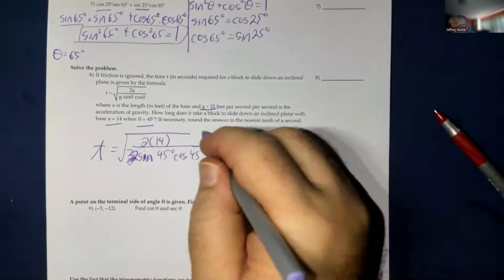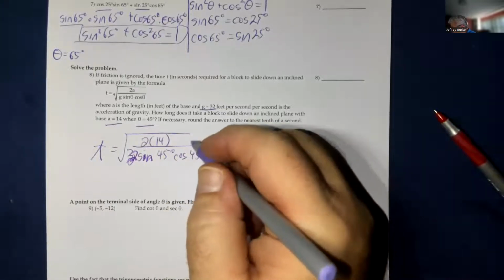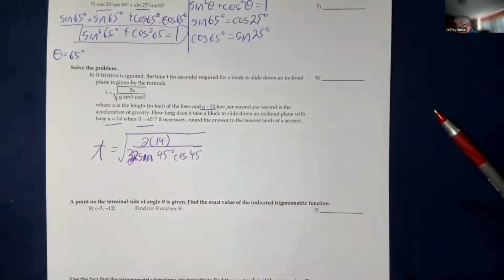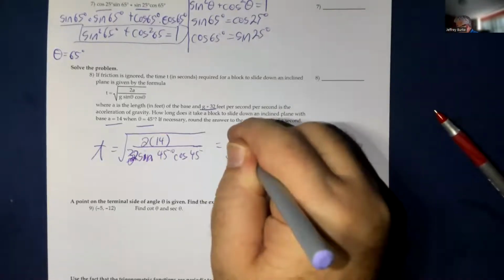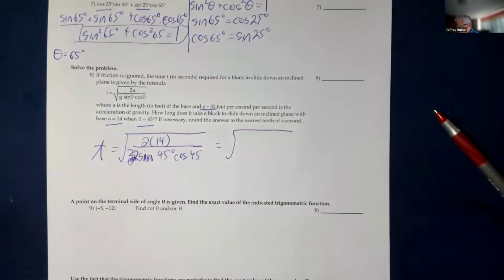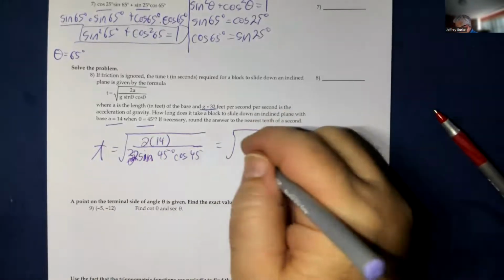And this is all under one large radical. Now, if you have a calculator that's sophisticated enough, you can just put all this in it and generate an answer. But where are there some areas you could simplify this a bit? Well, be sure again to include your radical. I can say 2 times 14, that's going to equal 28.